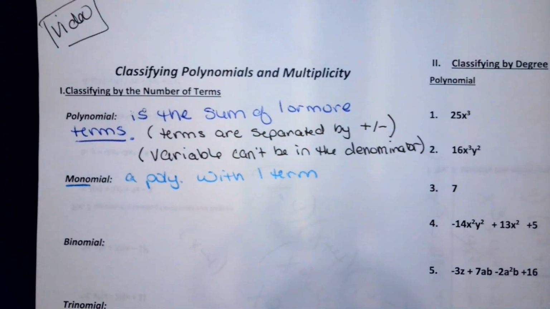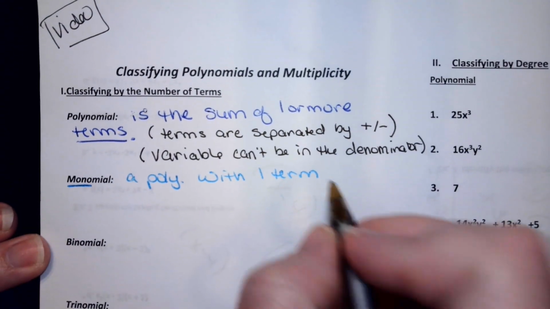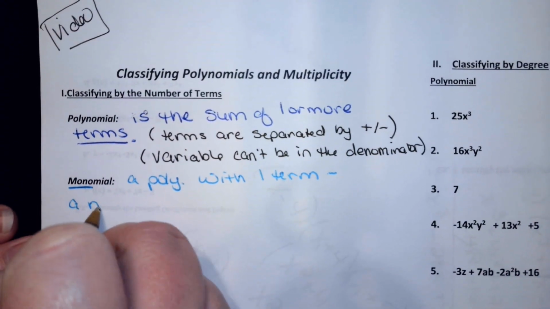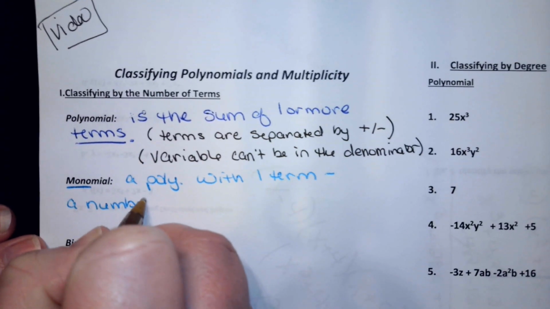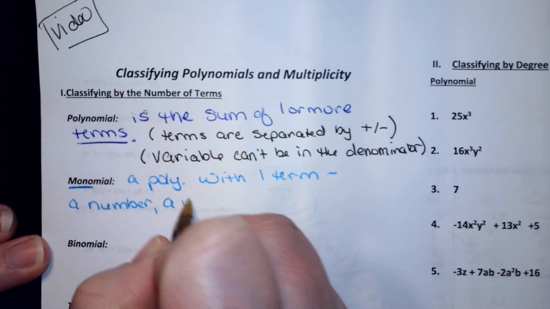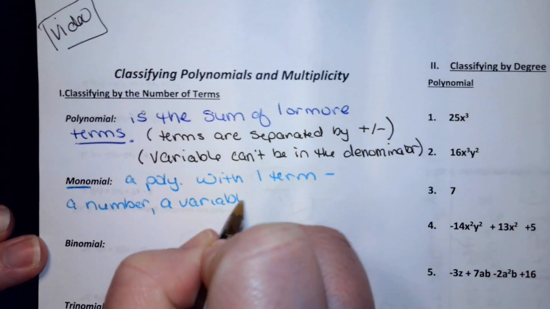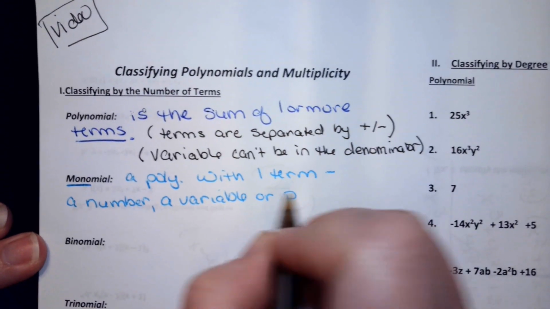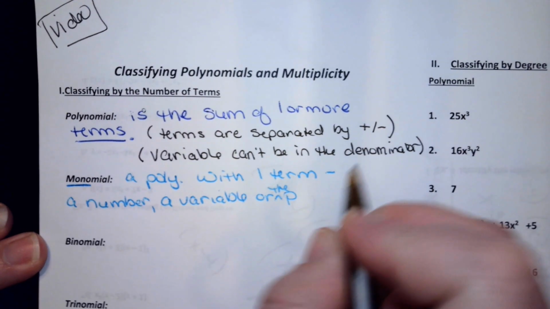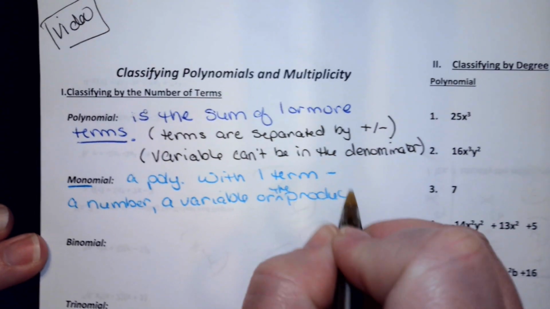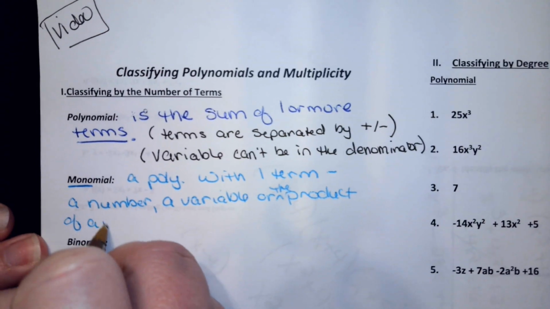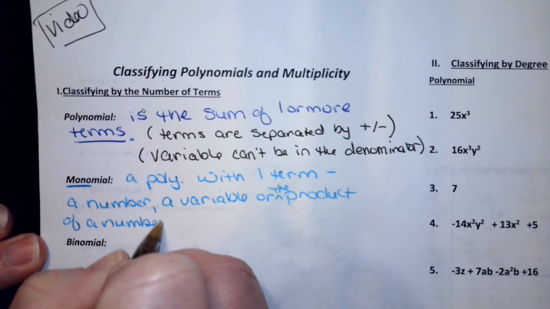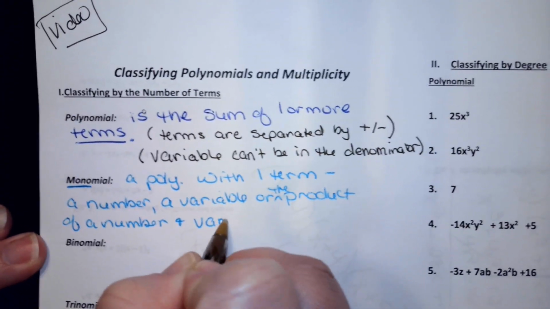And when we have that term, it could be a number, it could be a variable, or it could be the product of a number and variable.